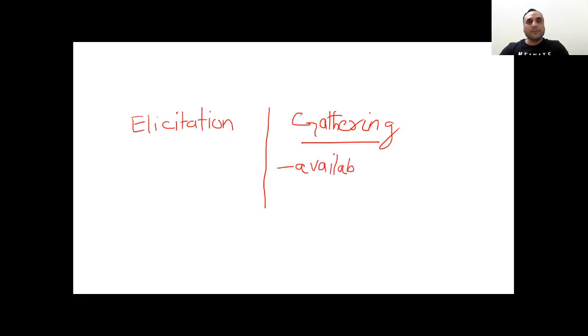You will sit with them and they will give you each and everything. Elicitation is when it is not available. Not available means he has something in his brain, but he cannot explain it. He doesn't know how to provide the information.